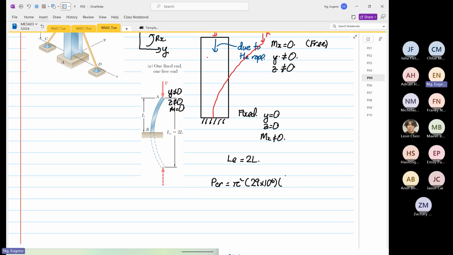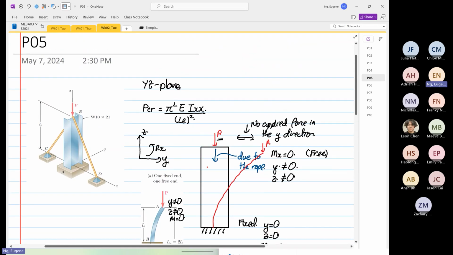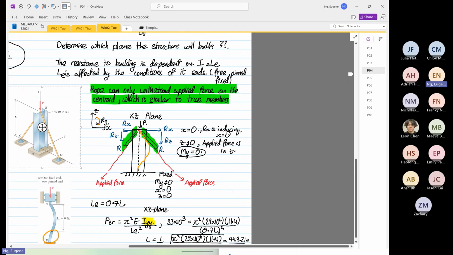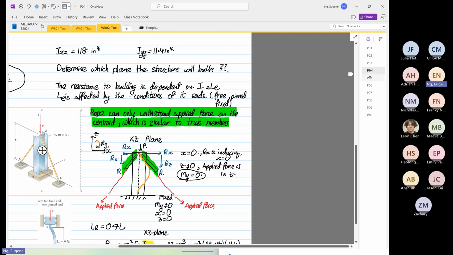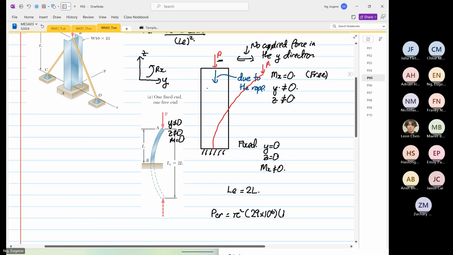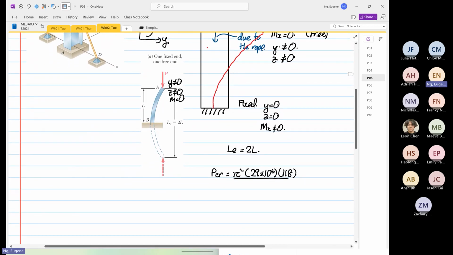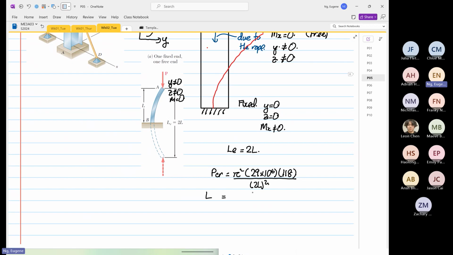Now we are going to use I what? Already mentioned IXX. So we look at the value of IXX. IXX is 118. And then over here, the 2L, and then the whole thing squared.